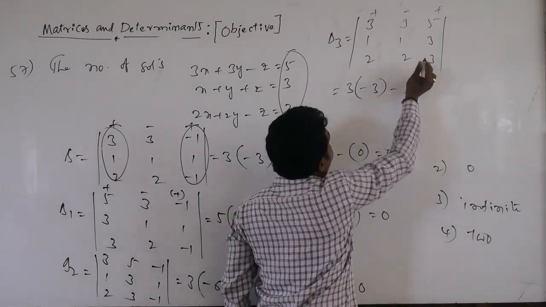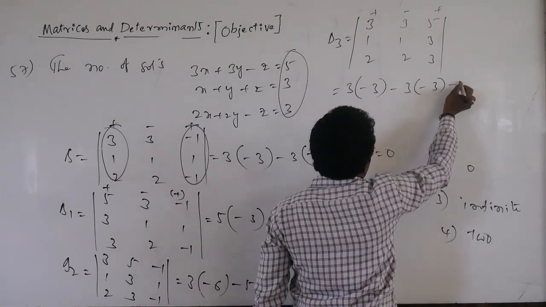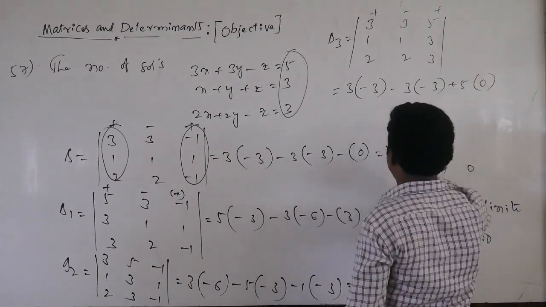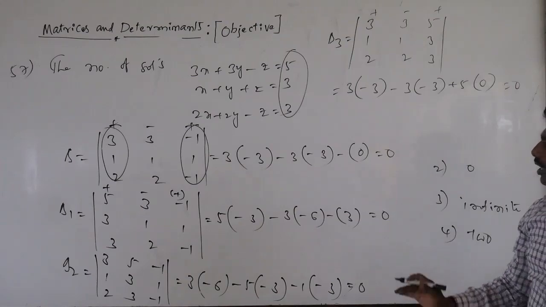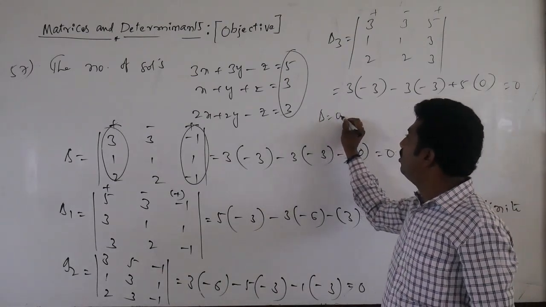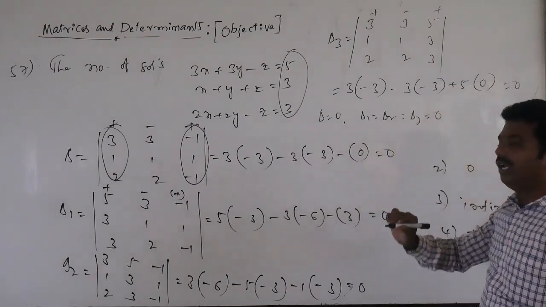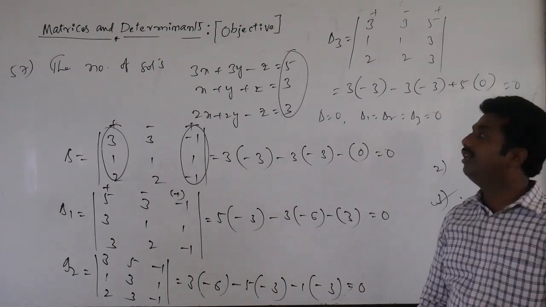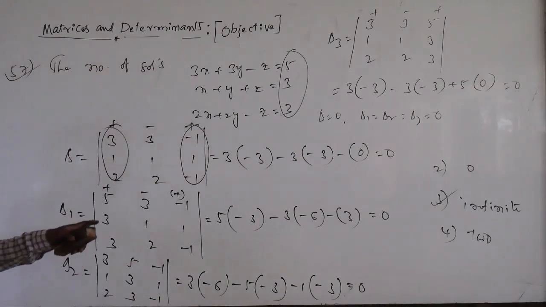Minus 3 into, closing this column, 3 minus 6, also minus 3. Plus 5 into 2 minus 2, which is 0. Minus 9 plus 9 is 0. Very clear. Delta is 0, delta 1, delta 2, delta 3 are all equal to 0, which means it is a consistent system. It has infinite solutions. So this system of equations has infinite solutions. Like that we have to answer.